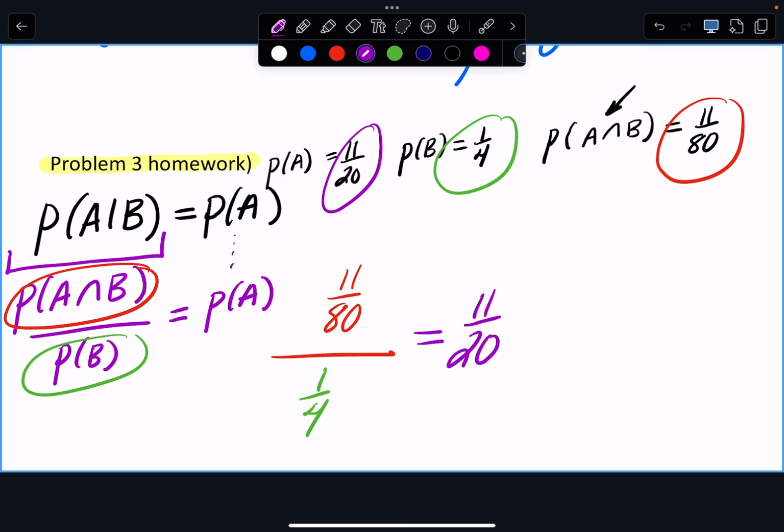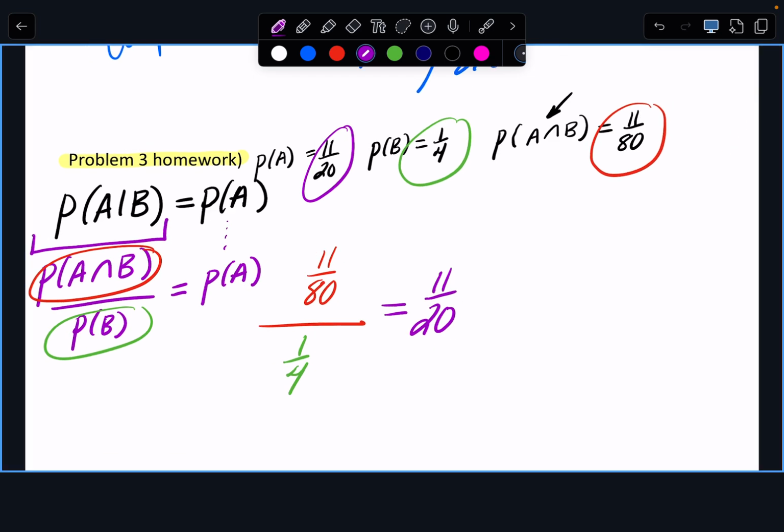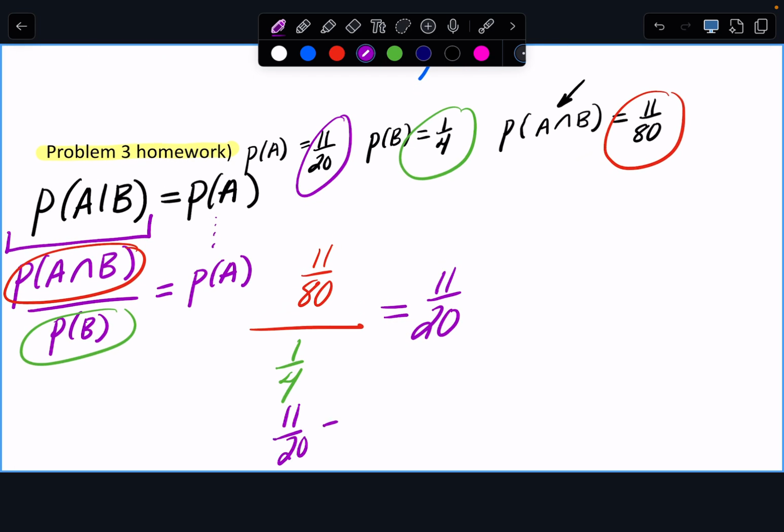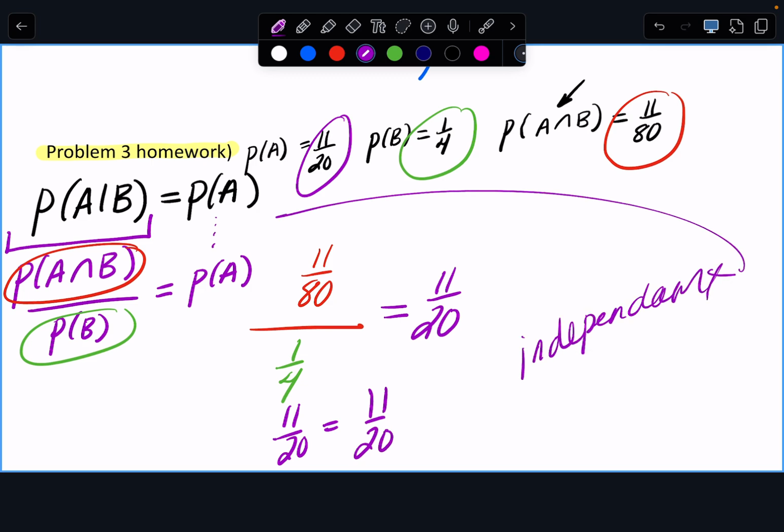So that was the same level of difficulty. 11/80 divided by parenthesis 1 divided by 4 equals 11/20. Yeah, it's independent. So we'd say independent because this is the formula for independent and it worked. So pretty easy once you've seen it.